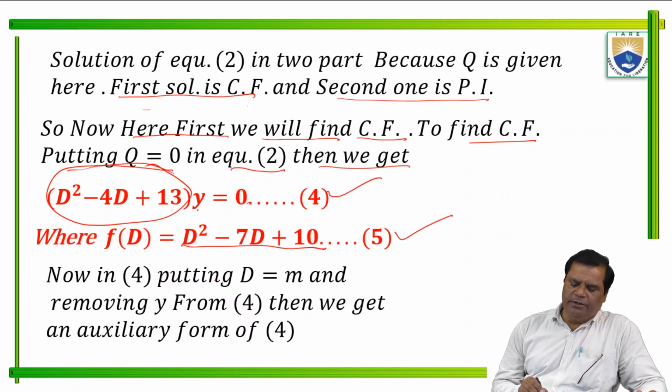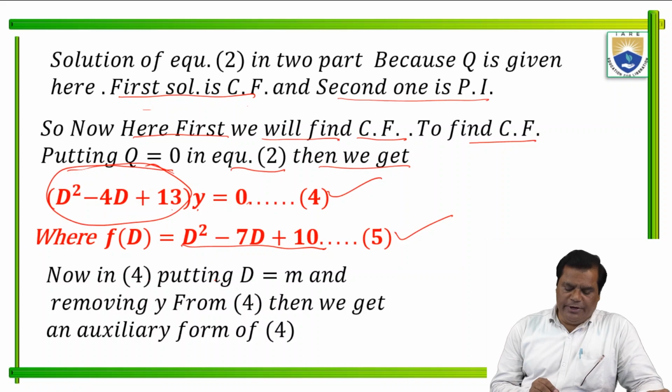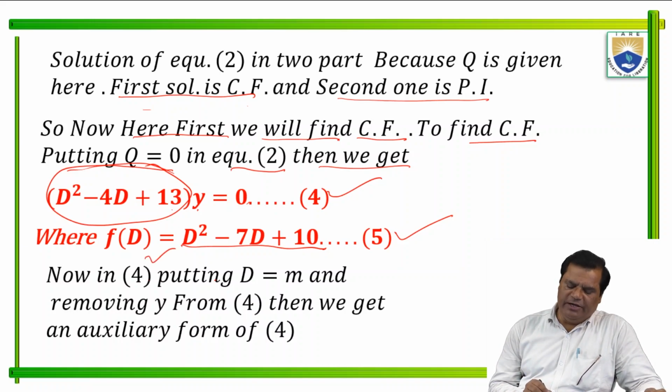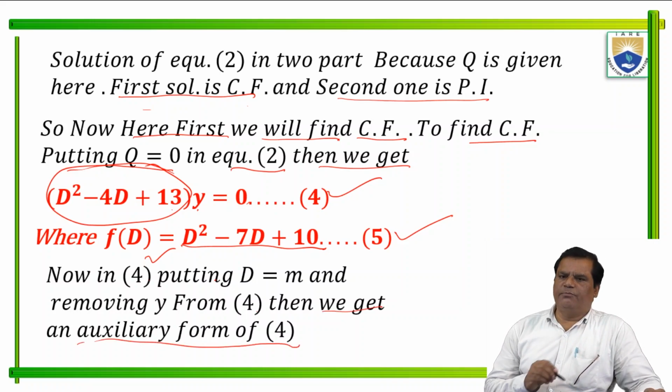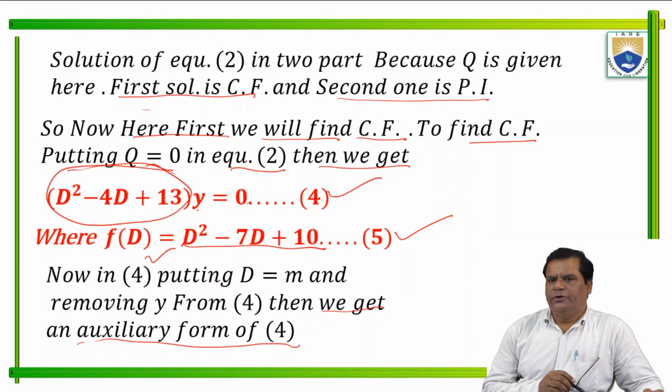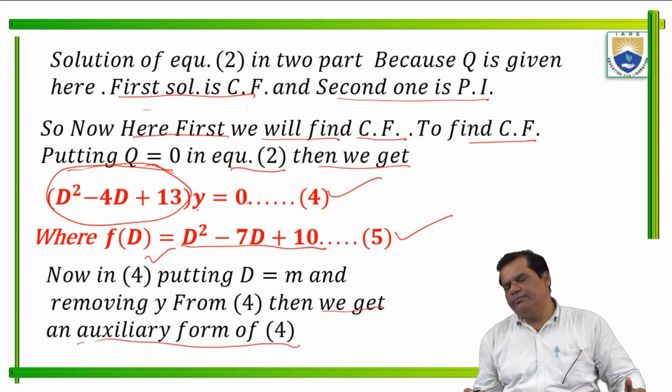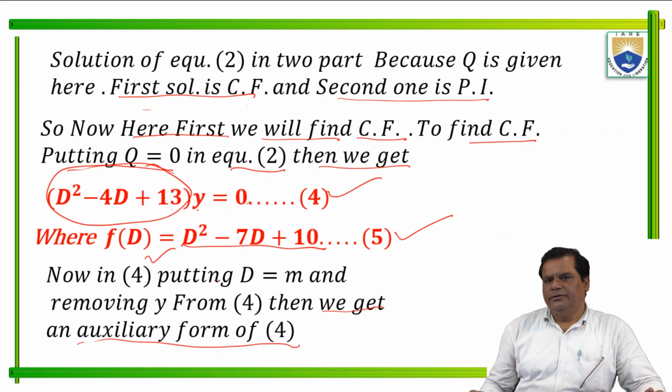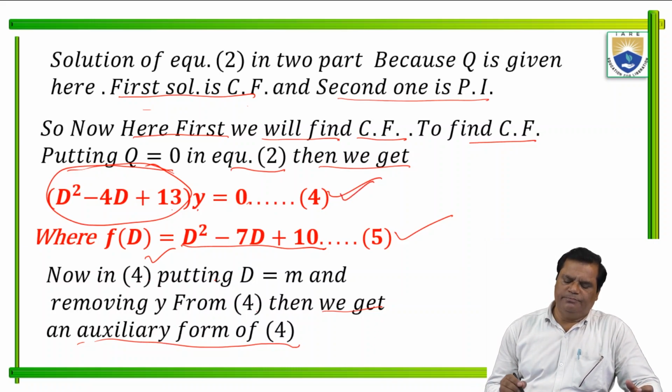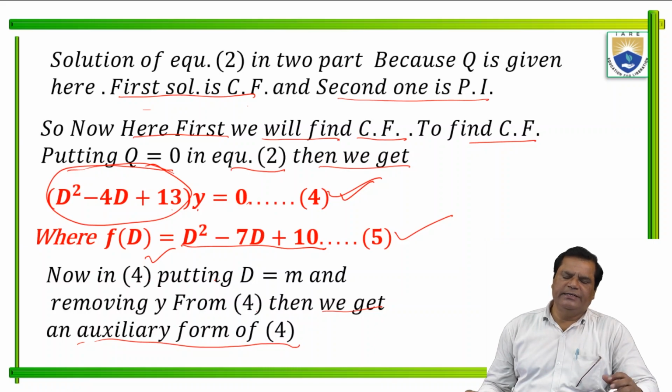Now in equation 4 putting D equal to m and removing y, we get the auxiliary form of equation 4. When we find the auxiliary form of a given question, we put D equal to m and remove y, because y is the answer of our question, so y is never 0.